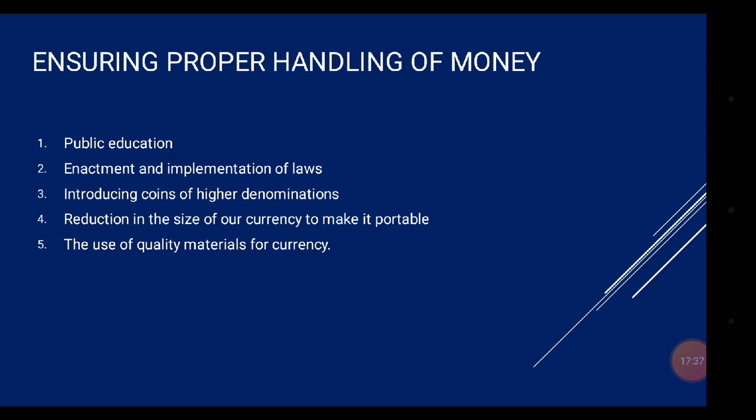Then the use of quality materials for currency. Yes, the materials that are used should be quality, because due to the fact that these currency notes and coins are used for transactions, they move from one place to the other. It will leave the charcoal seller's pocket today and get to the cleaner's pocket tomorrow, get to the doctor's pocket the next day, get to the driver's pocket the following day, move to the market woman's pocket the following day, go to the farmer's pocket the next day, and so on.